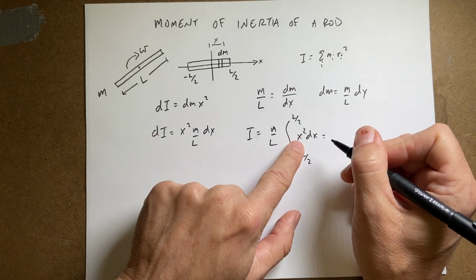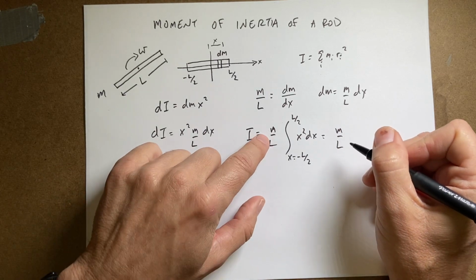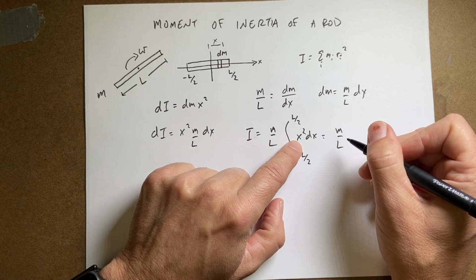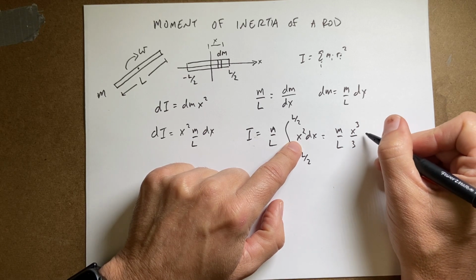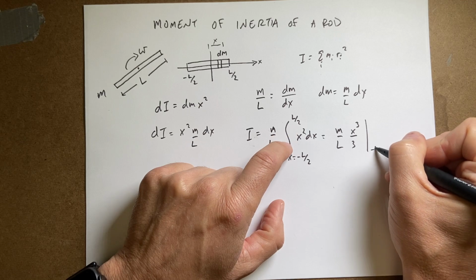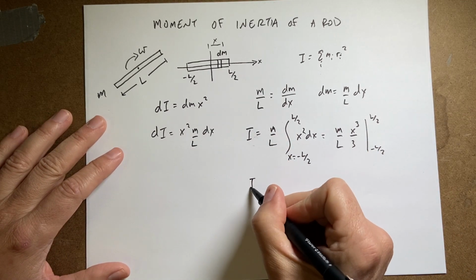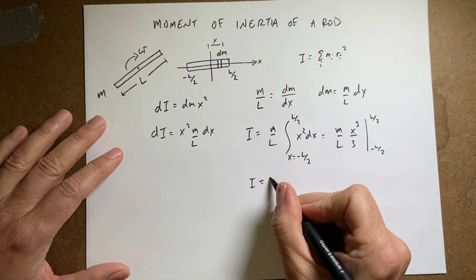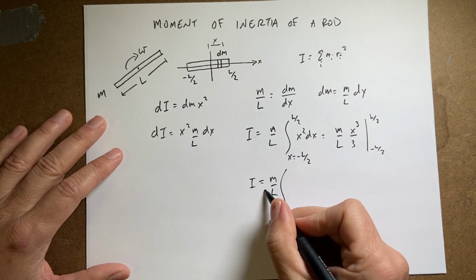So if I integrate that, I can use the power rule, and I get M over L, the constant, and then the integral of x squared is going to be x cubed over 3. And then I have the limits from negative L over 2 to L over 2. So I is going to be equal to M over L times, and let's put the 3 there.